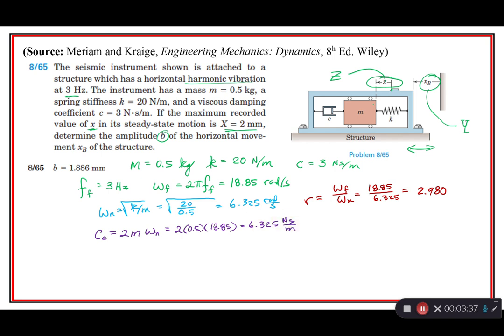So we get the damping ratio, C over CC, by taking 3 divided by 6.325, and we end up getting 0.4743. So we're not using our very favorite damping ratio of 0.7.